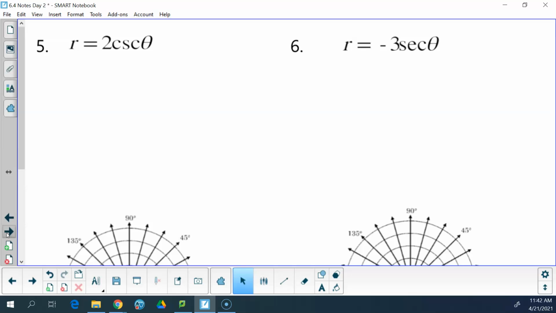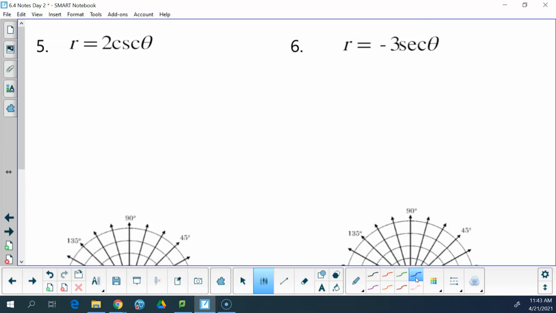Now, these next two, we might have to do a little math to go along with them. So, first up, cosecant. We haven't seen cosecant in a while. What is cosecant the reciprocal of? Which trig function? Sine, right?